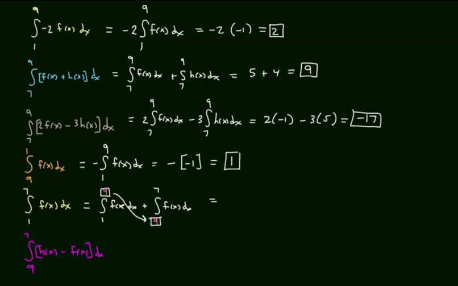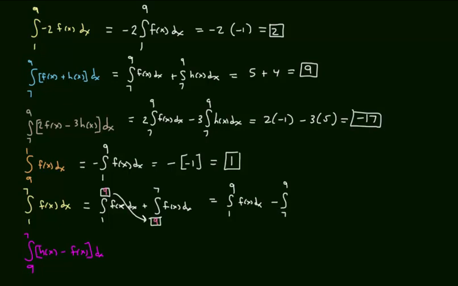So now the integral from 1 to 9 is equal to, actually let's write it like this. Let's say the integral from 1 to 9 f of x dx, and I'm going to switch this because now the lower bound is on top, so I'm going to make the lower bound on the bottom.